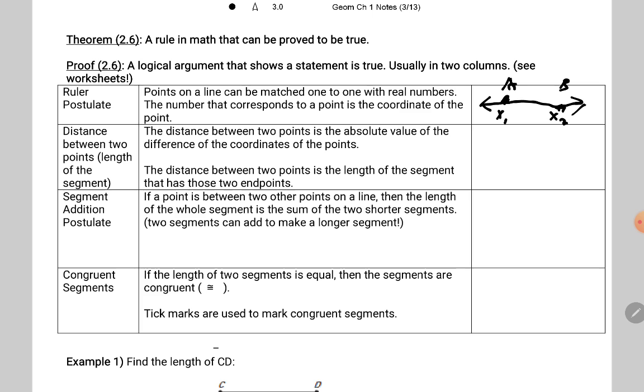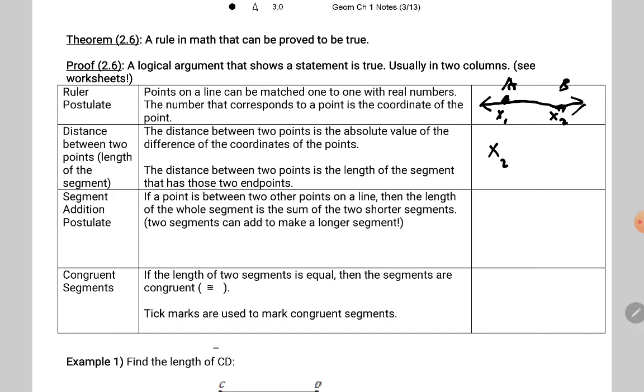The distance between 2 points is the absolute value of the difference of the coordinates of the points. So it's basically saying we take our second x coordinate. I'm using subscript here. That means the number is below, on a lower level. If I use it on the upper level, that's the exponent, that means squared.